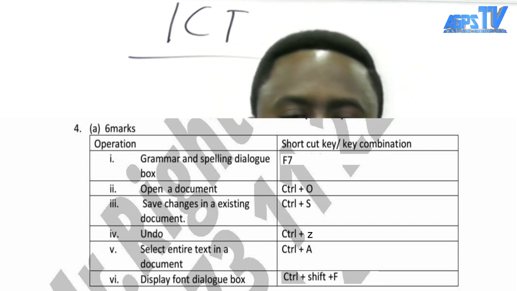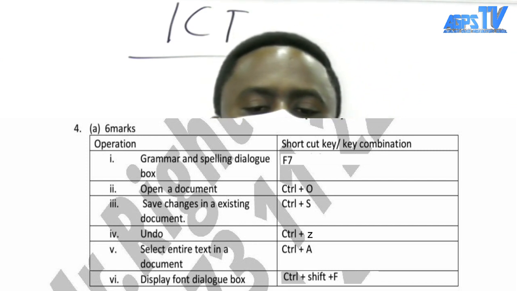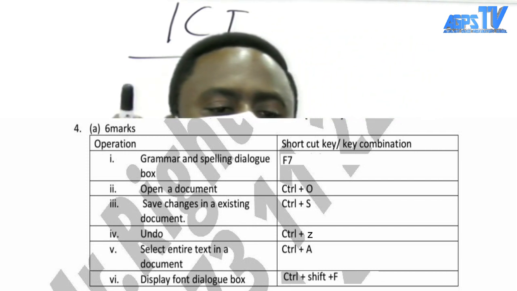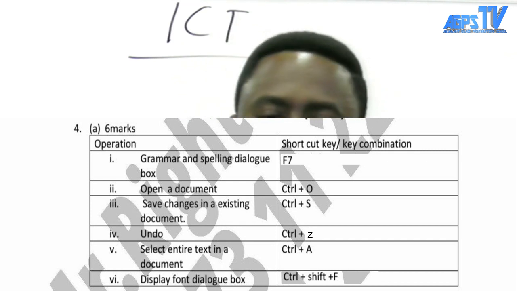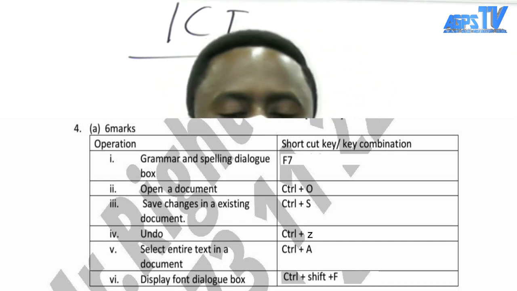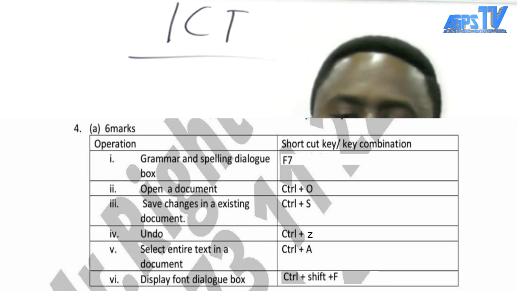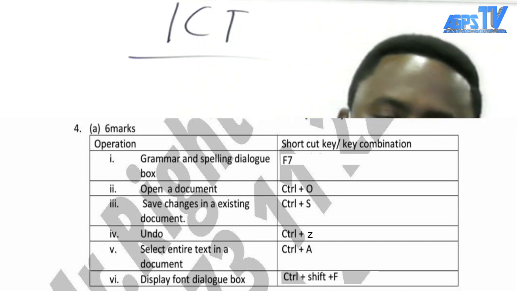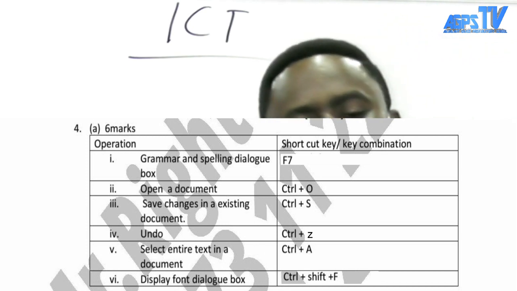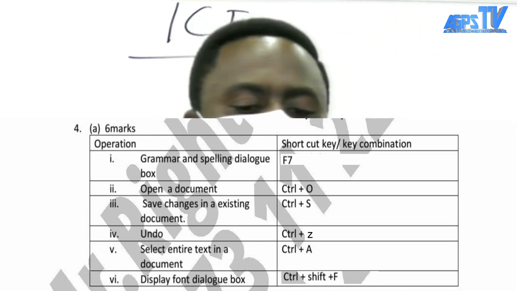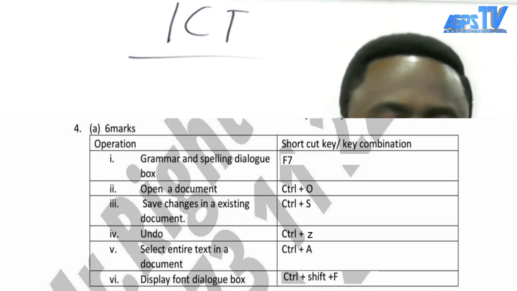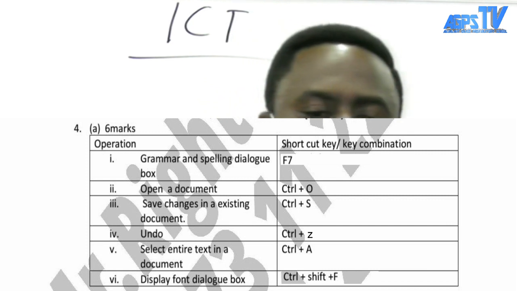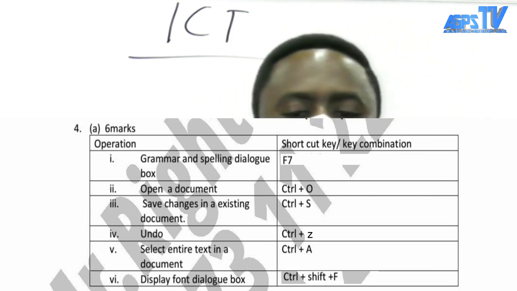Now the F7 key is part of a group of keys on the keyboard known as functional keys, numbered from F1, F2, F3, F4, F5, F6, F7, F8, F9 to F12. So when working with MS Word, and you want to display the grammar and spelling dialog box, you simply strike the F7 key.